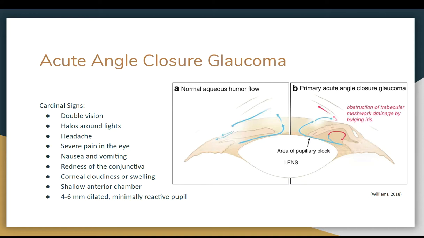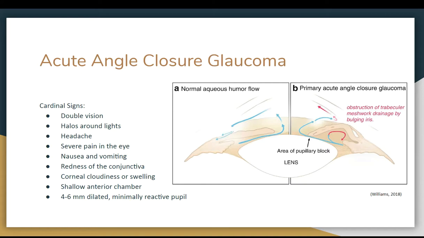This is more likely to happen in a patient who has physiologically narrow angles, so if they've been told that before, they need to know about it. This is considered a true ophthalmologic emergency. It is actually pretty rare in practice. Most patients, as I said before, will have anatomically narrow angles, and then their peripheral iris will be a little bit closer to the anterior chamber than normal, and this leads to contact and damage to that trabecular meshwork.